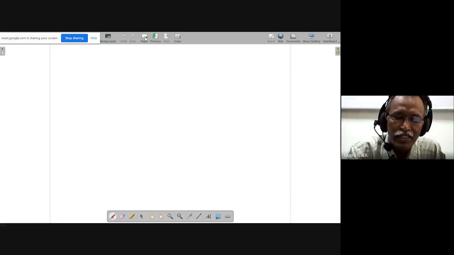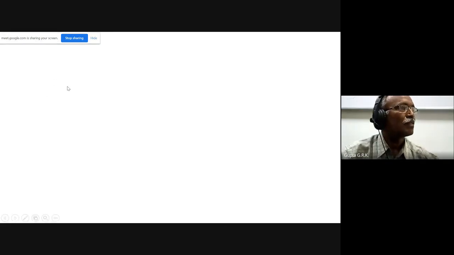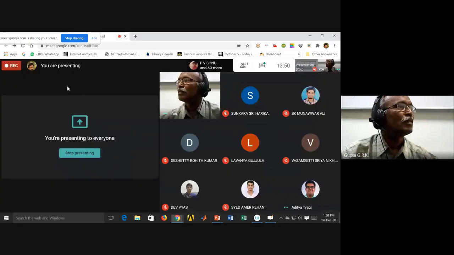Now, if it is parallel to both the planes, I will show my face instead of the screen. Can you see me? Assume the ground as the horizontal plane and the wall behind me as the vertical plane, and I have a straight line here like this.